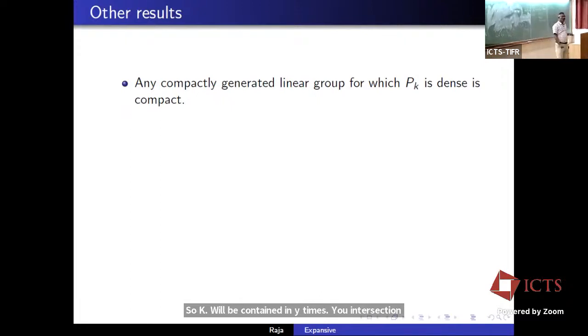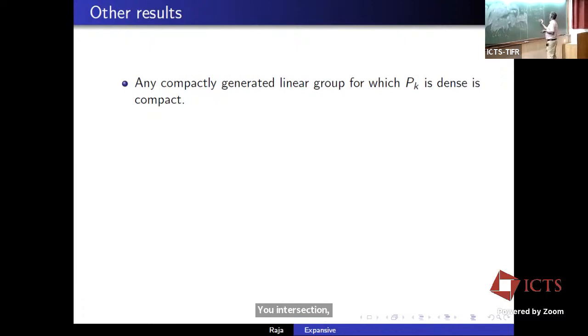Or it may be contained in some other compact set, not K intersection U. Contained in a compact set in U, I'll call it C. C is a compact set in U. Now on unipotent groups, any compact set generates a compact group.